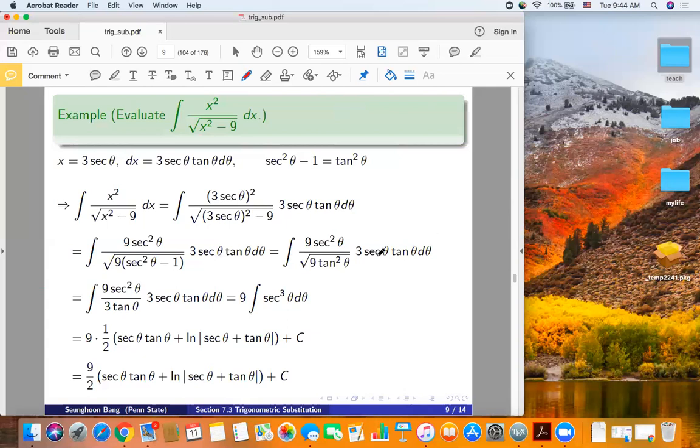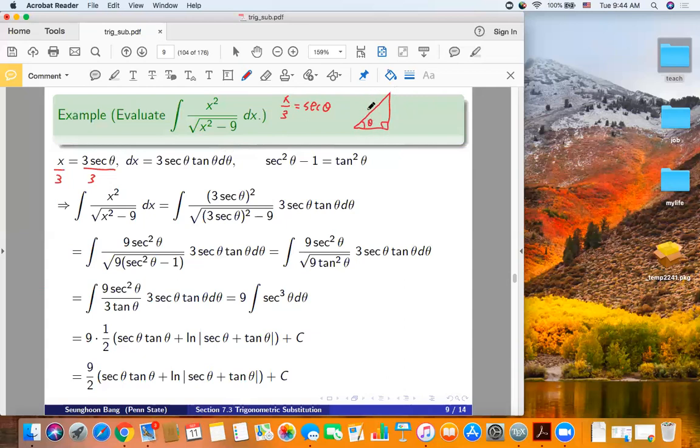What's the next step? You have to change it to the x value. How can you change it? You can use a triangle here. x equals 3 secant theta is given. You can divide by 3 from both sides. So we have x over 3 equals secant theta. You can draw a triangle with angle theta, right?